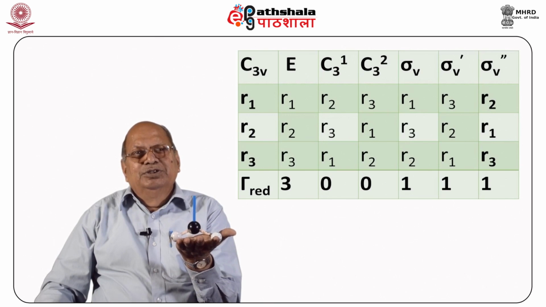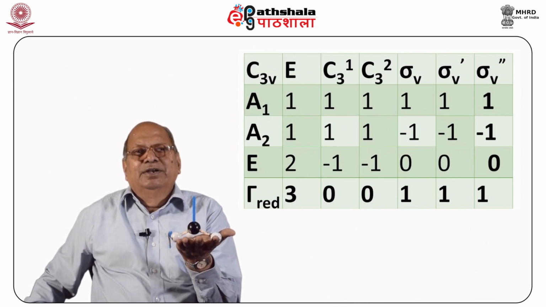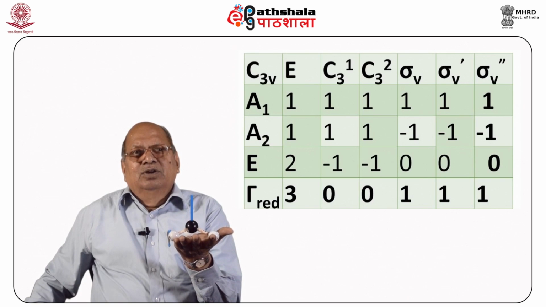The last row of this table gives me tau reducible, which gives me the figures as 3, 0, 0, 1, 1, 1, and I have explained to you how you can get this tau reducible, that is just by knowing whether the vector is shifted or whether it is not shifted.